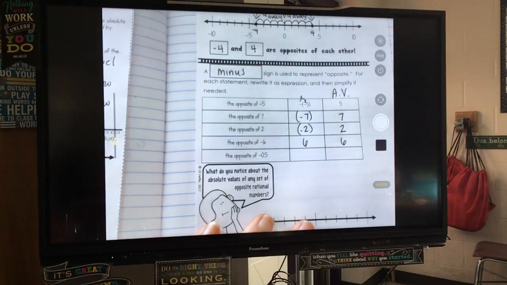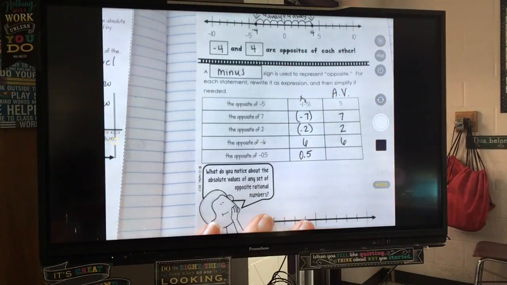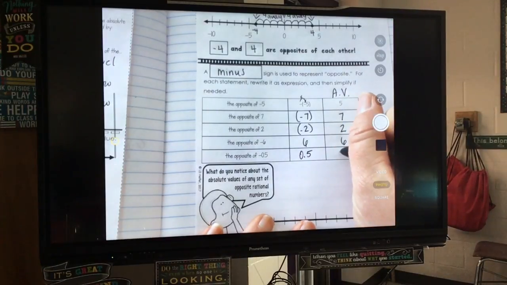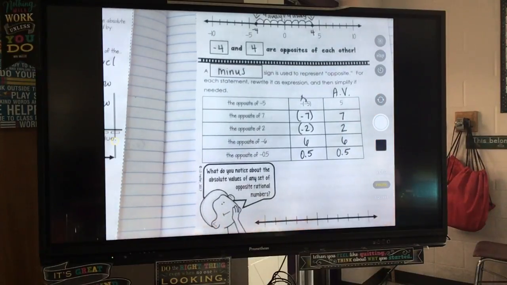Kelly? And then what's the absolute value? What's the absolute value, y'all? We went from having like 1,000 hands to no hands. What happened? Ramon? 25. So 5/10. All right, again, that is the opposite.